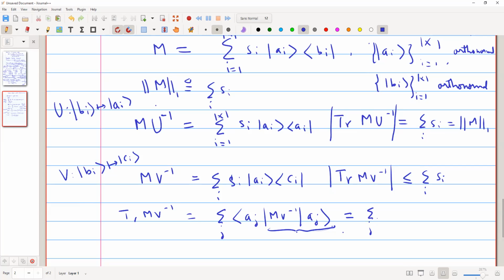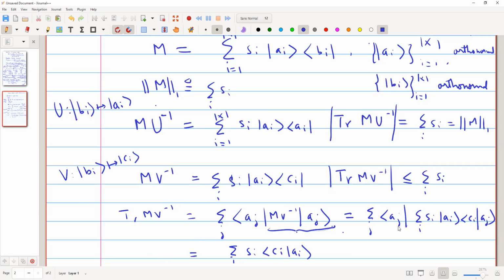So now you can see this is summation over J, summation over J. Right.